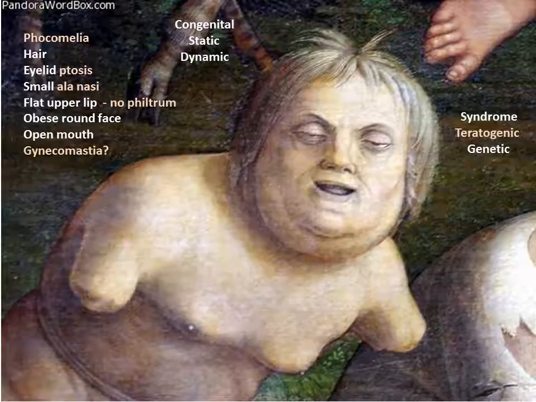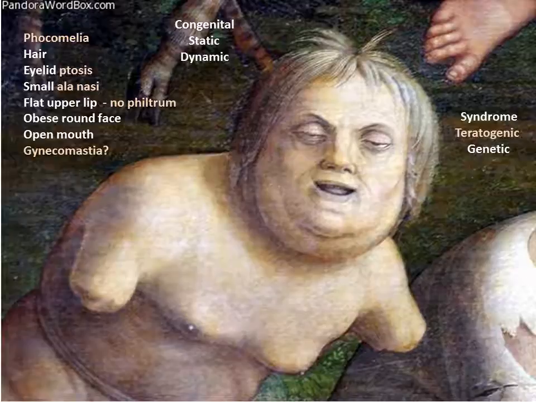Perhaps the breasts are enlarged and represent gynecomastia, perhaps not, but there's no doubt that this individual has symmetric agenesis of distal upper limbs, and that in itself is a major question.